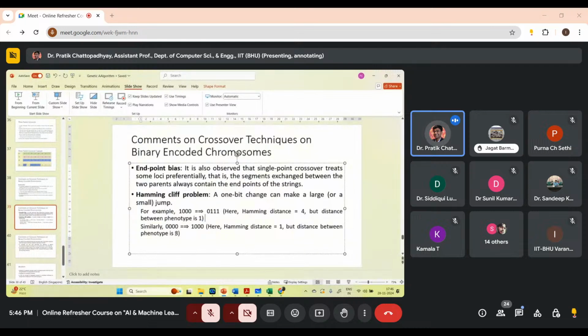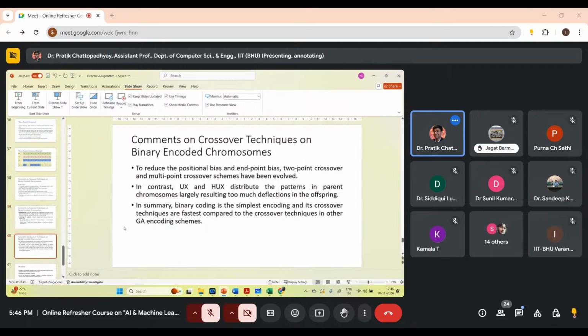But the decimal distance is 8. So one bit change can make a very large or small jump. That is the problem with crossover techniques for binary encoded chromosomes. We can handle this in some cases when we go for real encoded chromosomes.